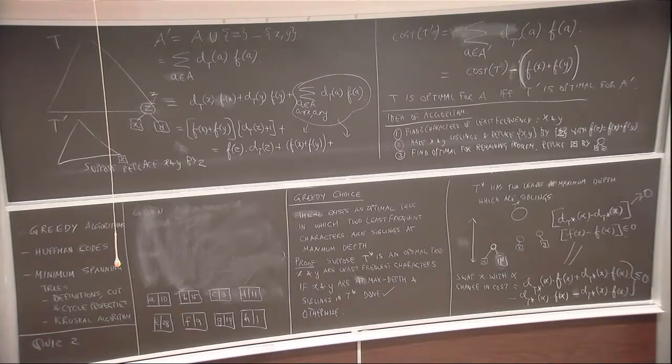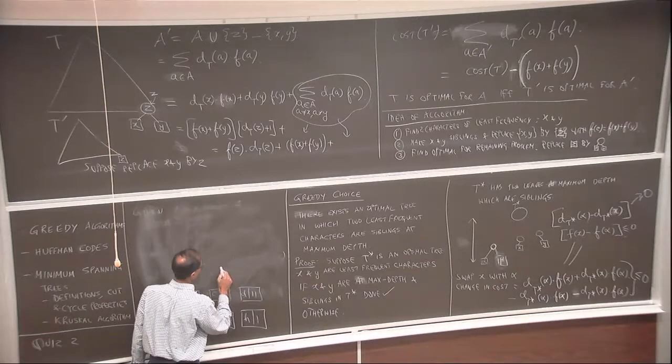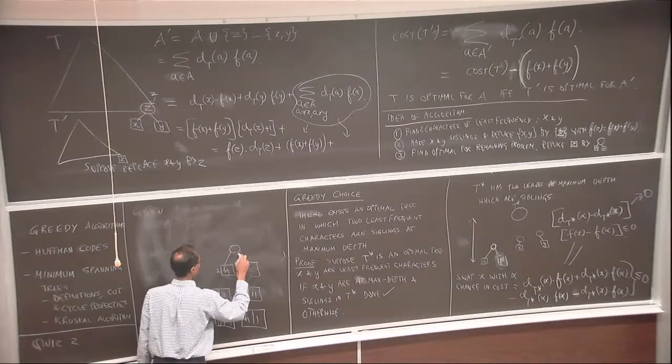So what do we do? We find the 2 characters of least frequency. Which are they? H and C. So we put H, its frequency is 1, and then C, whose frequency is 3.